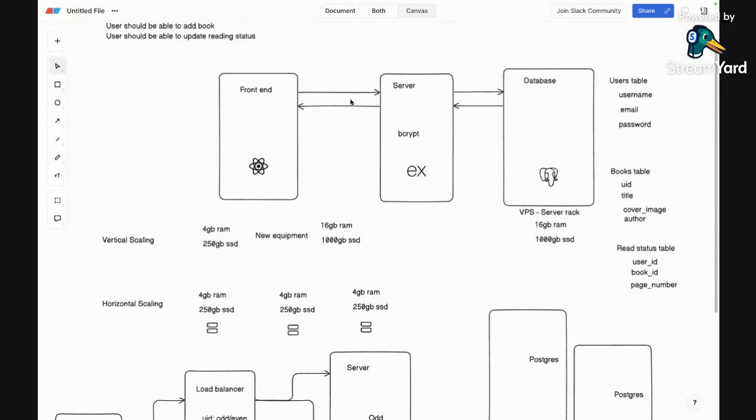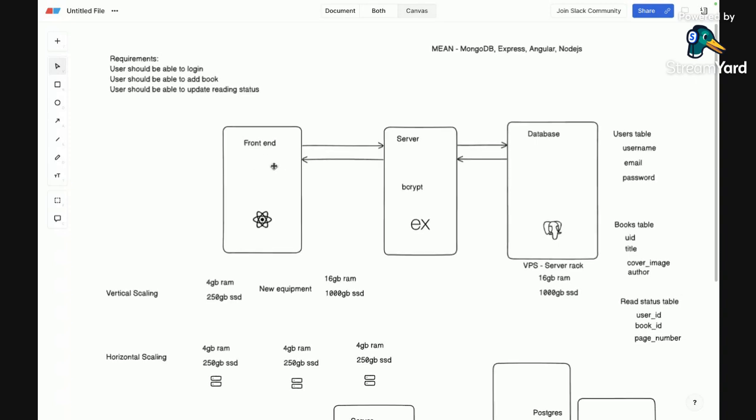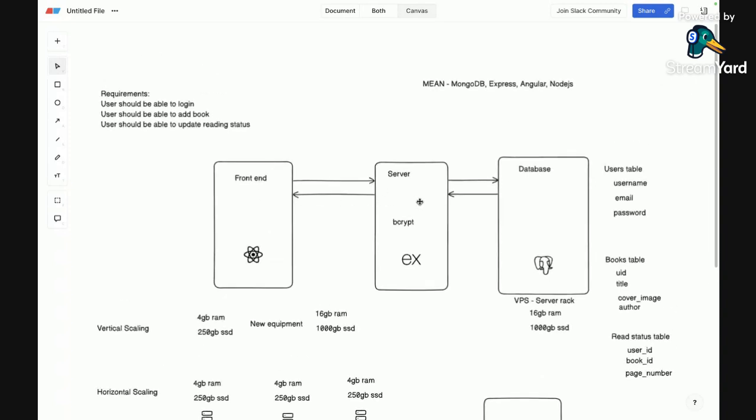Basically what the server does is it creates a session ID, and the session ID is passed to the front end, and every time the front end makes a request, the header will have that session ID or the authorization bearer token. Now the question is, how do we manage that? For that we will have something like Redis. The sessions will be managed in Redis, or we can manage them in memory, but then if it crashes, it will be gone.